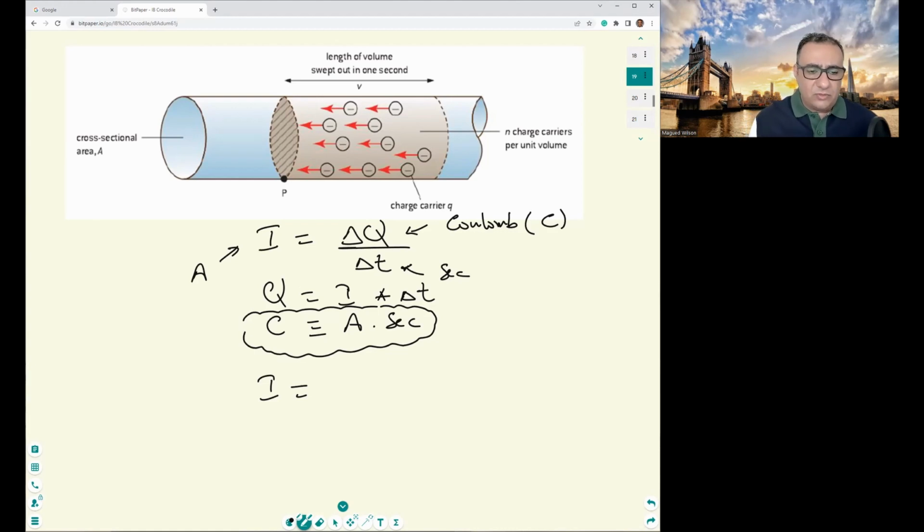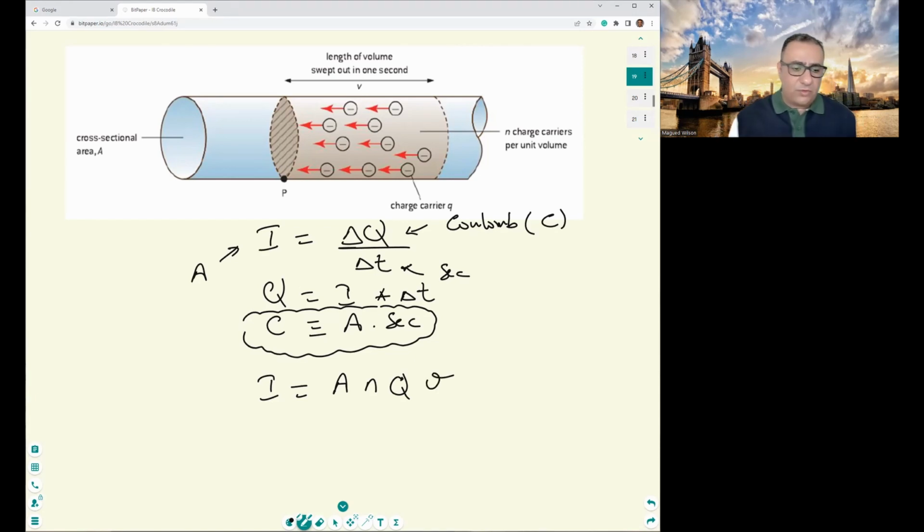So I is going to be the cross-sectional area A multiplied by n, I'm going to talk about n in a second, and this will be multiplied by q, the quantity of charge of one charge carrier. We call it a charge carrier, and we end up basically using electrons, but by definition, charge carrier. And then there is v.